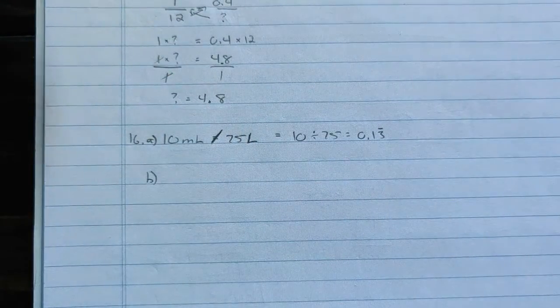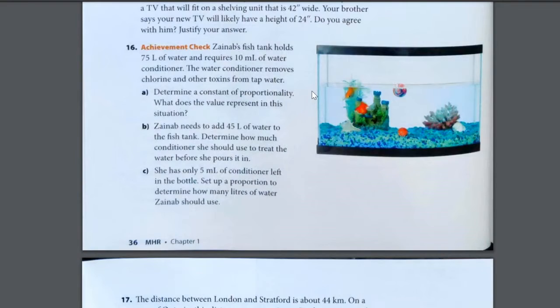So if we look at part B now, to finish part A, what does it represent? It represents the amount of conditioner that we put in per liter of water. In part B, Zainab needs to add 45 liters of water to the fish tank, and we want to determine how much conditioner she needs to use before she puts the water in.